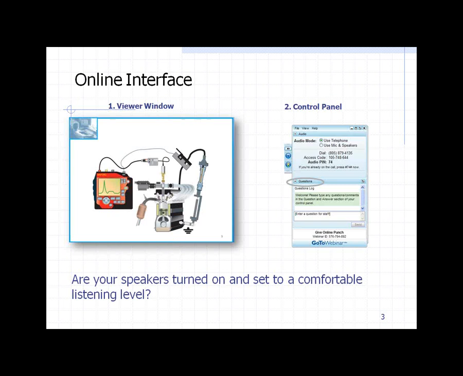It doesn't mean that we'll be able to answer a question immediately while the presentation is going on, but we will get to it at some point, depending on how much activity we have and how many attendees we have.